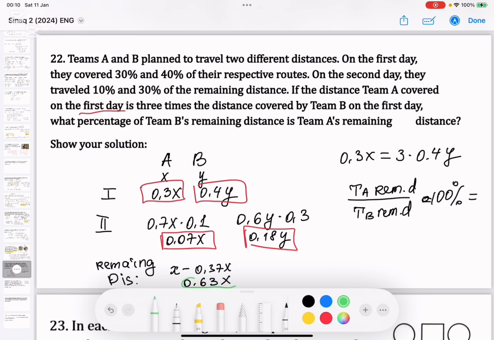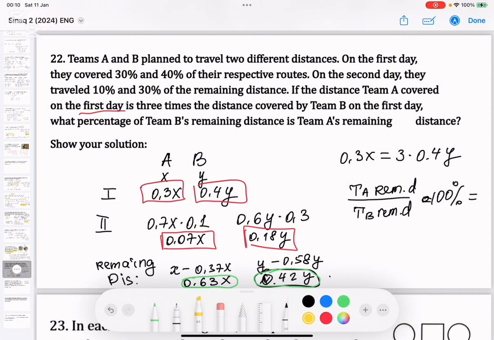That is the remaining distance of Team A. Then here, if the total distance is y and during these 2 days they traveled 0.58y kilometers, the remaining distance is 0.42y kilometers.